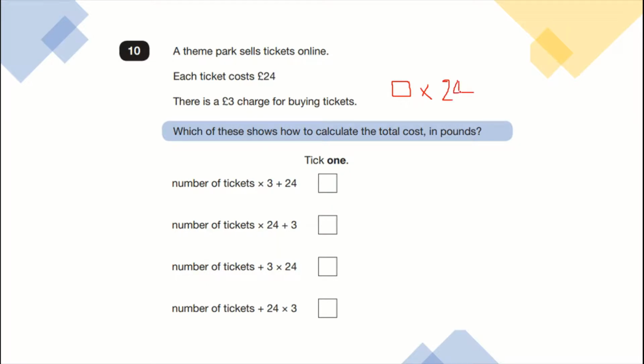And we are told that there is a £3 charge, but it doesn't say for each ticket, so that means it doesn't matter how many tickets you buy, there's still going to be a £3 charge. So that would be plus 3. Now if we look here, we've got one that looks like ours. The number of tickets times by 24 plus 3. So we're going to tick this one.